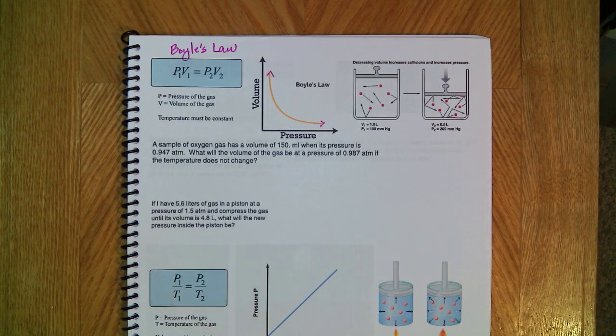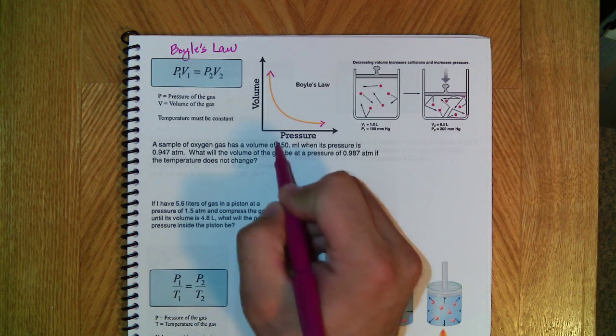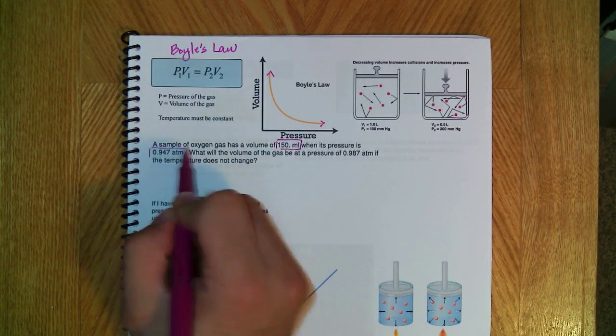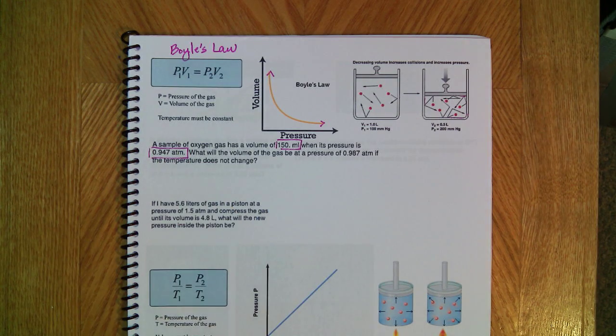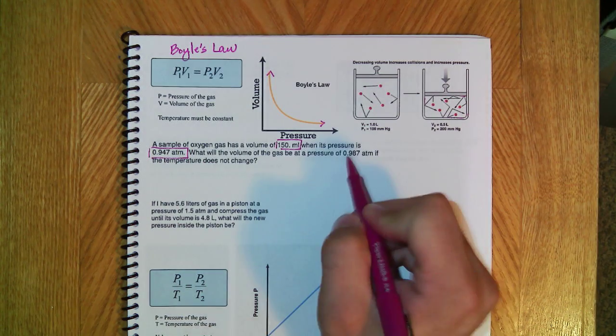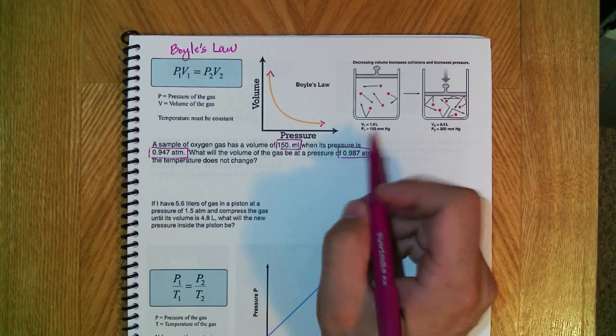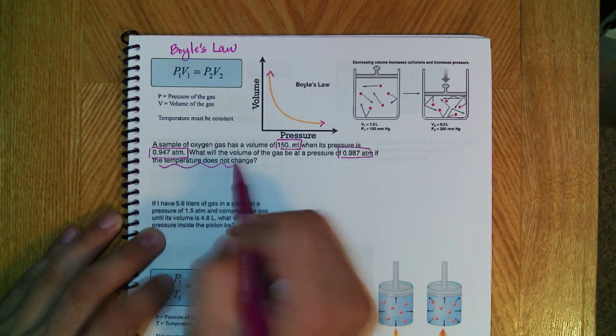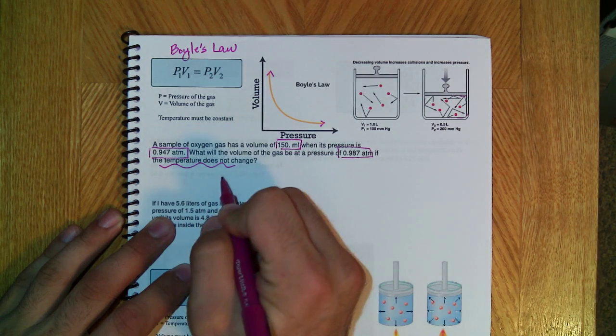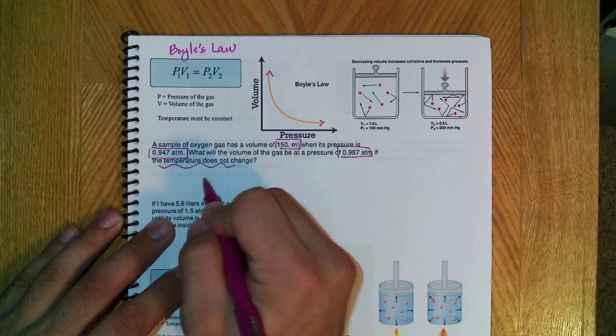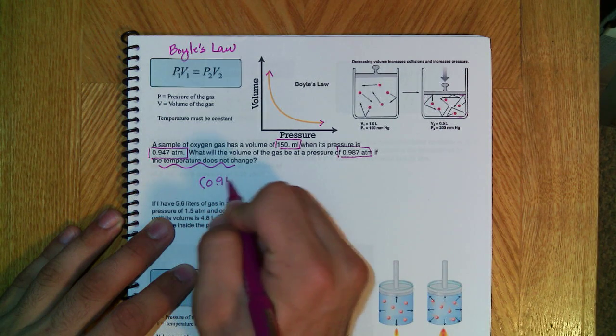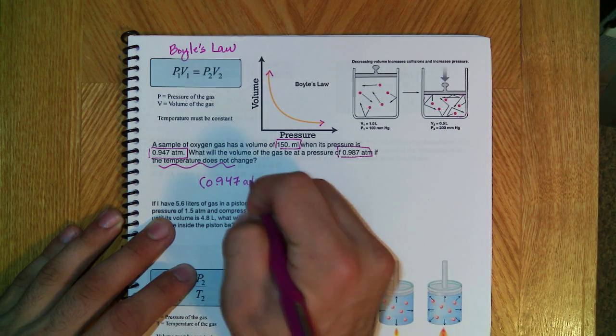A sample of oxygen gas has a volume of 150 milliliters when its pressure is 0.947 atmospheres. What will the volume of gas be at a pressure of 0.987 if the temperature does not change? So again, we have Boyle's law. You could start with the combined gas law here. P1 is 0.947 atm.